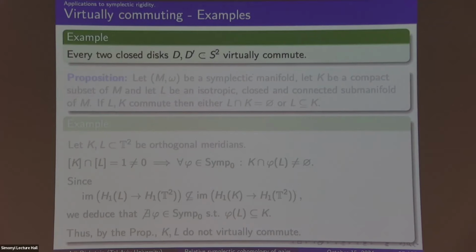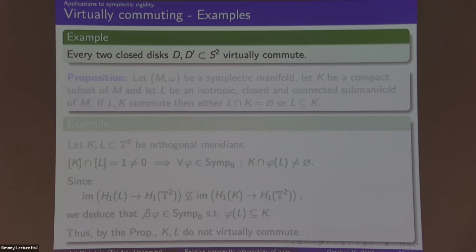First example: two disks in a sphere. Any pair of disks virtually commute. If you have a large disk and a small one, we can put the small one into the larger. Or maybe we can make them disjoint, or in the case that both disks have area one half, we can make them a cover of the sphere, and then they commute.